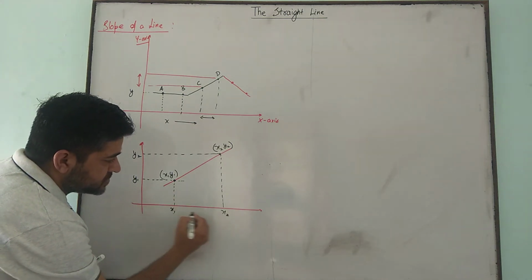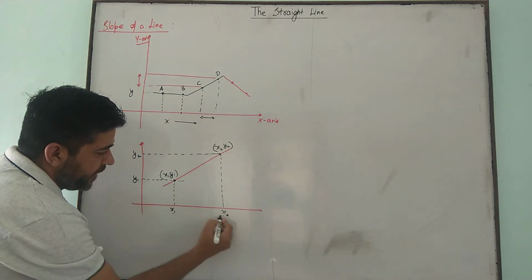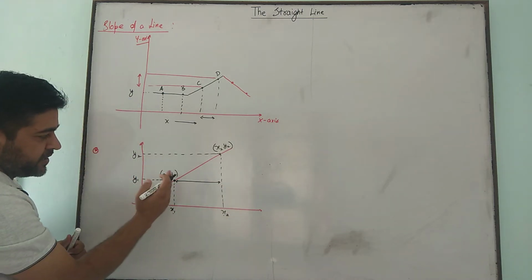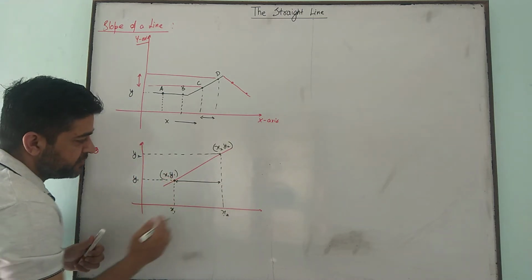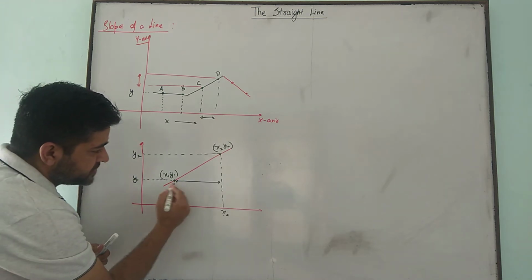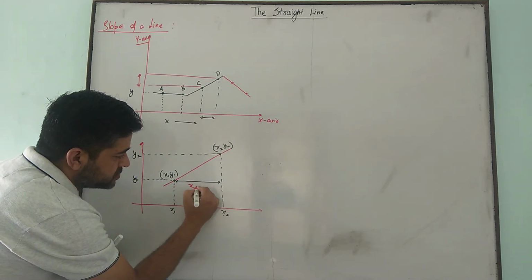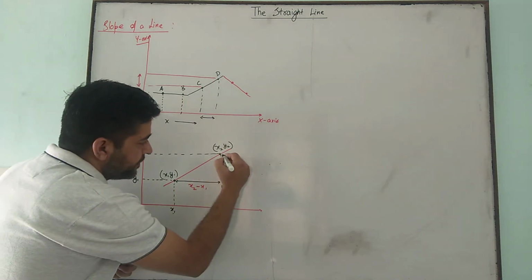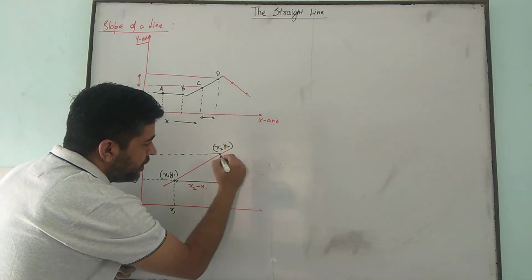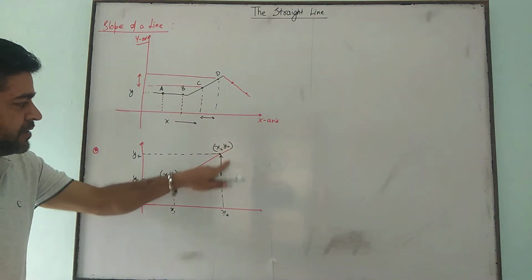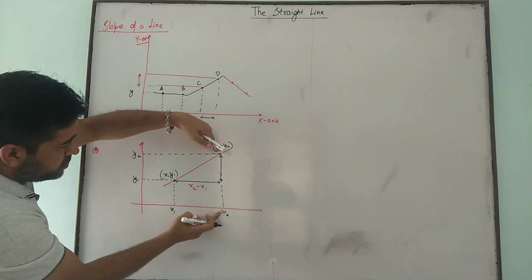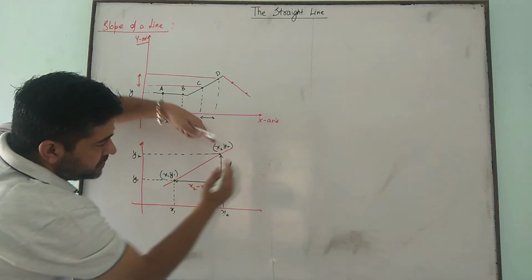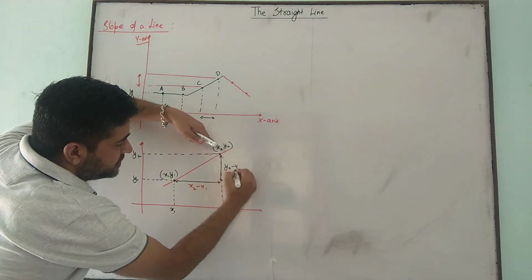Then from x1 to x2, if we are moving, earlier we are at this point, from here to here we are moving, then the change in x is x2 minus x1. Same way, the change in y is, now this total is y2, this is y1, so the change in this is y2 minus y1.